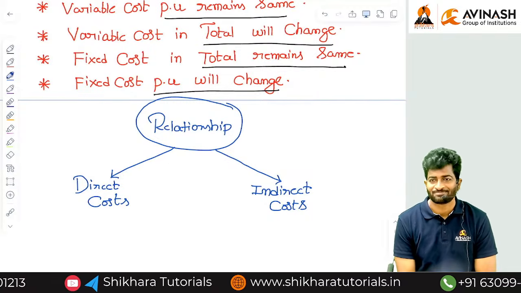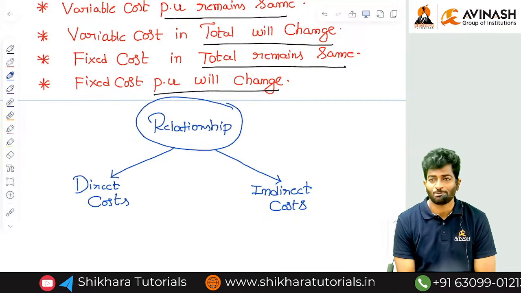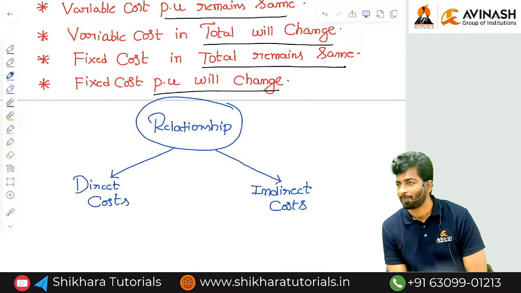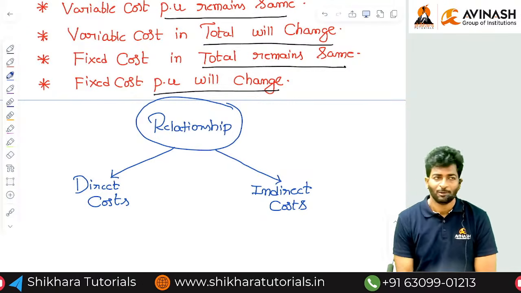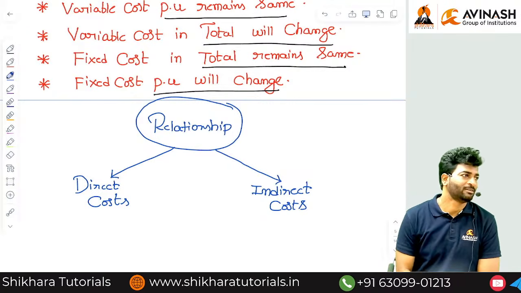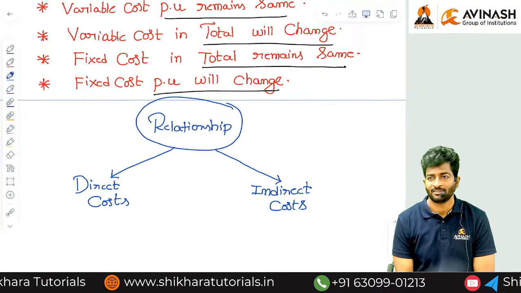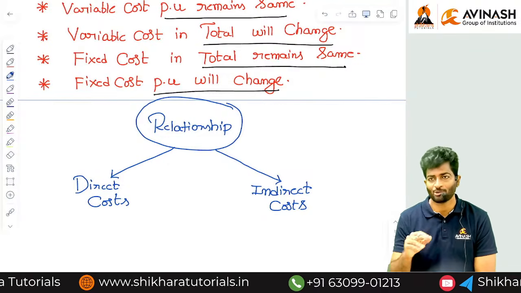Product cost. Suitable product cost. Please try to use that word traceable. Clear? Attributable is fine, but you have to use it for product cost.